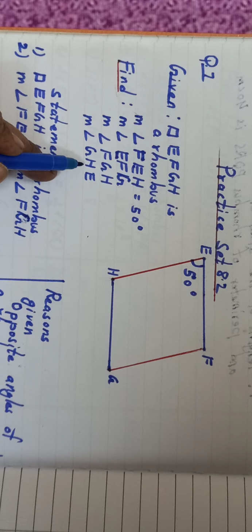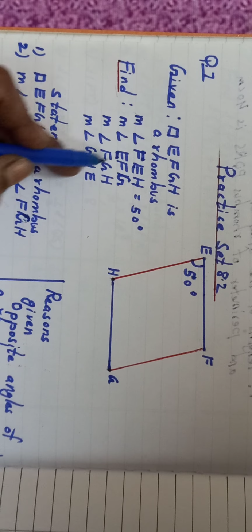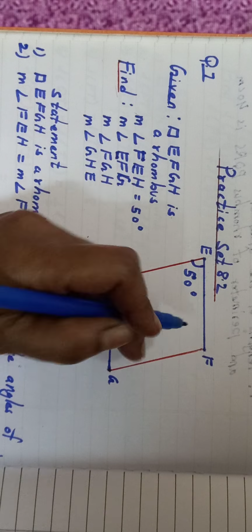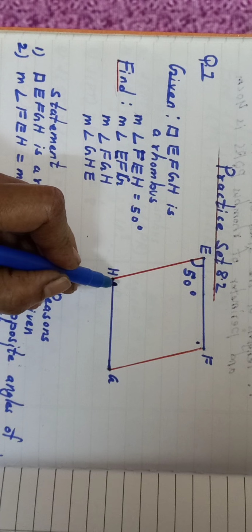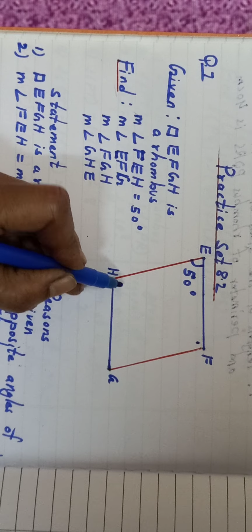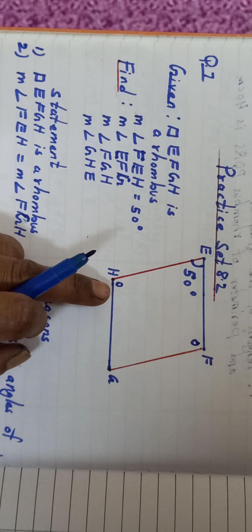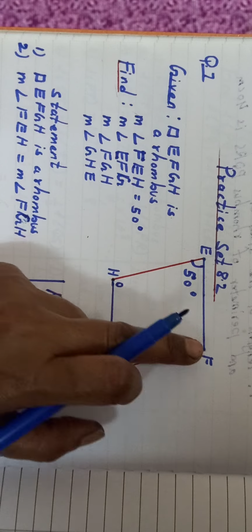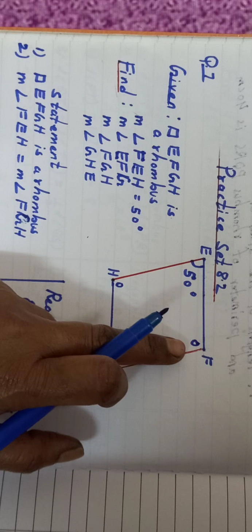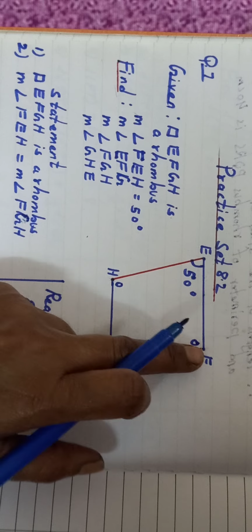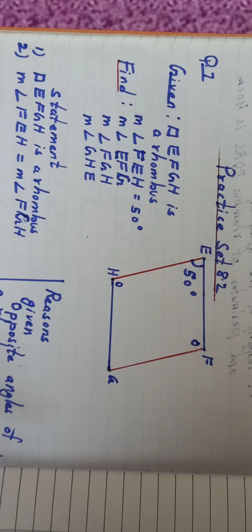So GHE we have to find, and EFG. Now these two angles are congruent because they are opposite angles. So if I find angle H, then these two will be equal. So we don't have to find this again. We will just write that opposite angles are congruent.